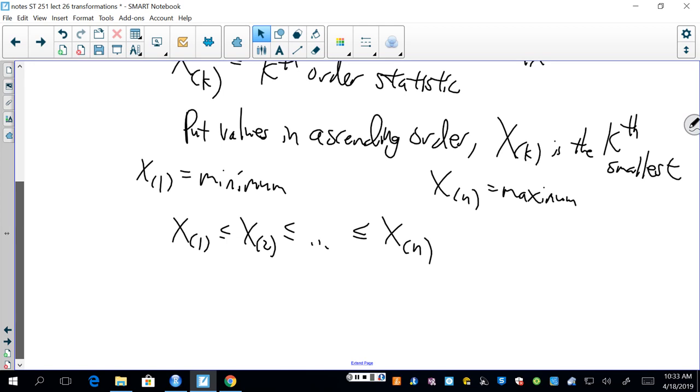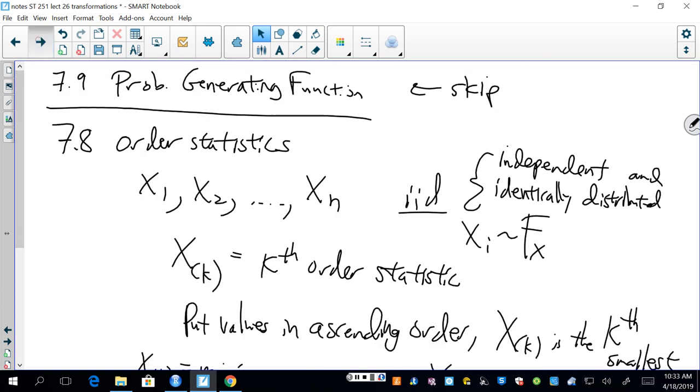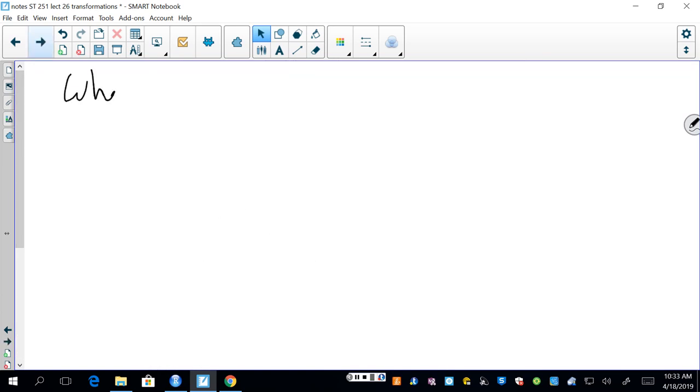Poverty, other issues of income or wealth: where is the lowest? Where is the highest? We're interested in those types of things, and order statistics pertain to those. To know the distribution of an order statistic, we're going to ask the question: what is the cumulative distribution function, or CDF, of a particular order statistic?